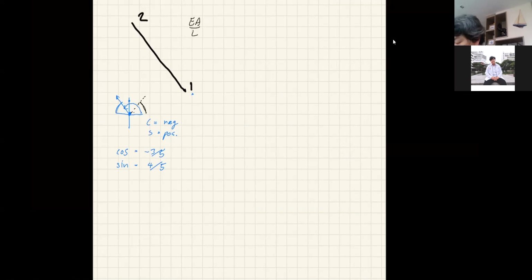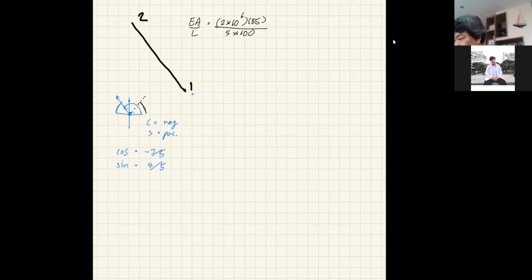E is 2 million, A is 85 square centimeters, and L you need to change into centimeters as well, so that becomes 5 multiplied by 100, because this is 5 meters long.